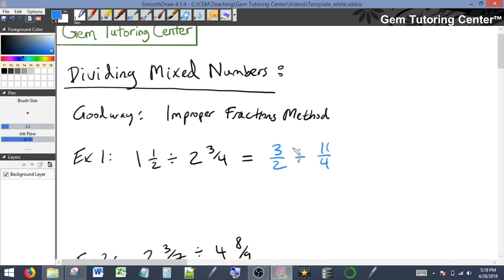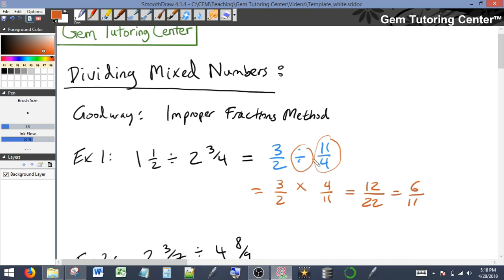Now with division, this division symbol becomes a times, and this second term gets flipped. So we get this, and that's just equal to 12/22, which equals 6/11. Pretty simple.